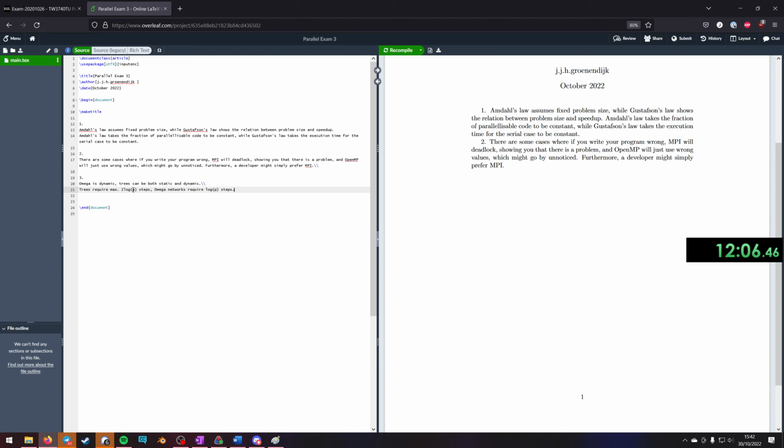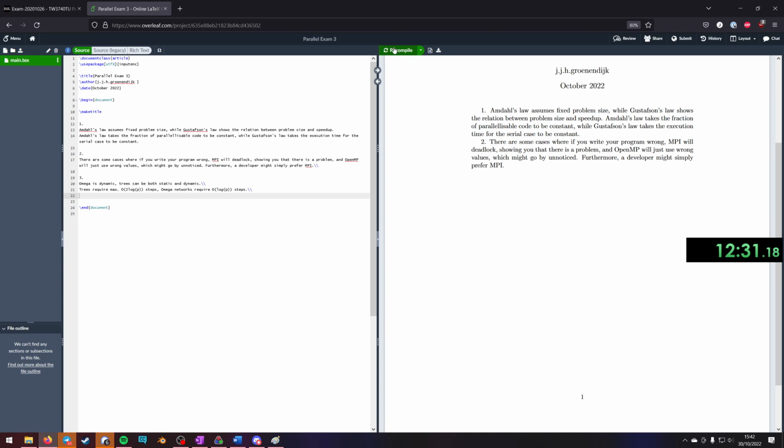So I hope that makes sense. Since trees have log p, or I'm not sure if they have exactly log p, I think it's O(log p) steps for the tree. I'll just add O because it never hurts, you know.